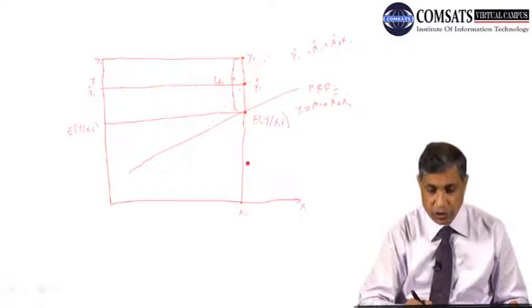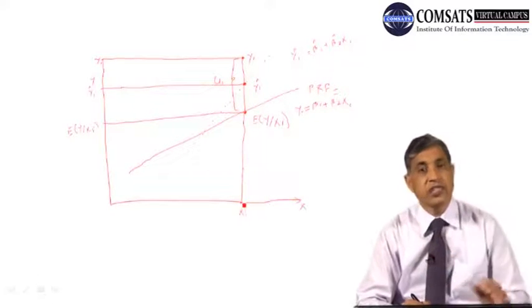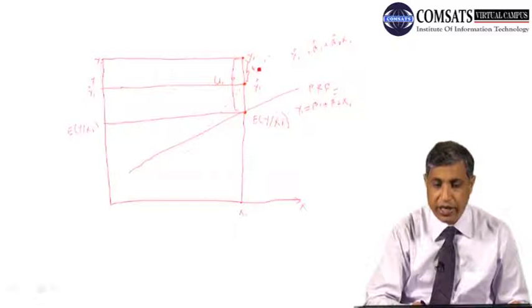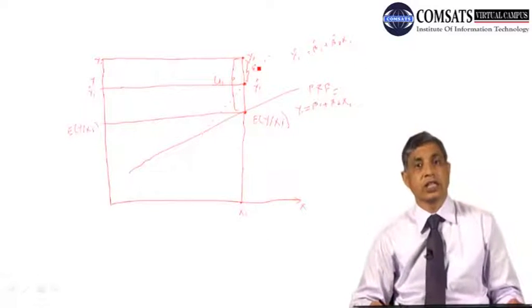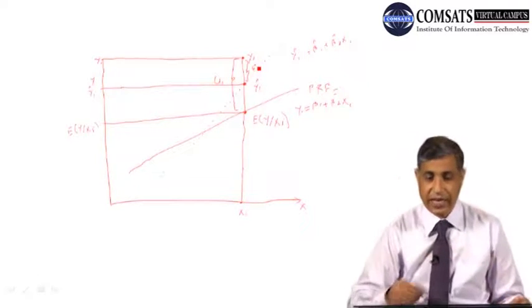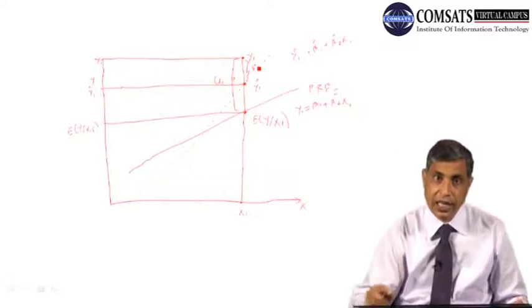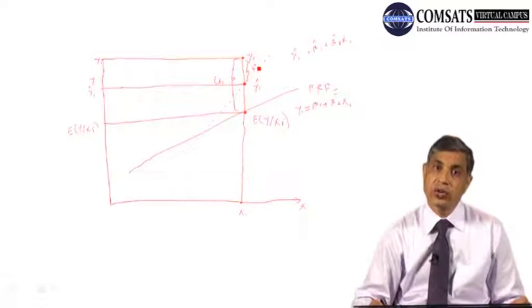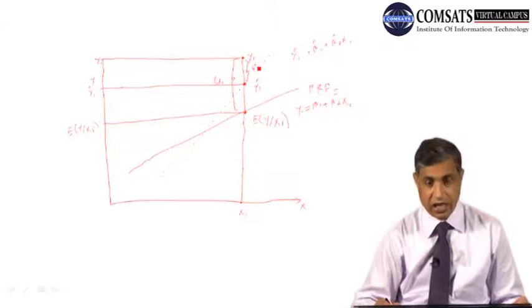From yi hat to here, we found this value, but from here to here, this is ui hat. Because we have now estimated, and I have taken it on the dotted lines, this is ui hat that was not explained.